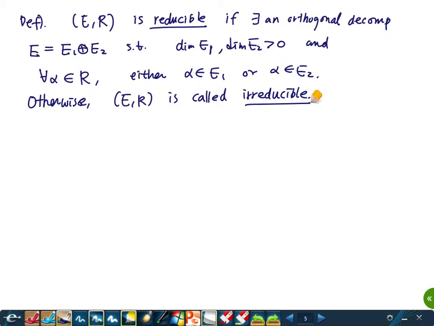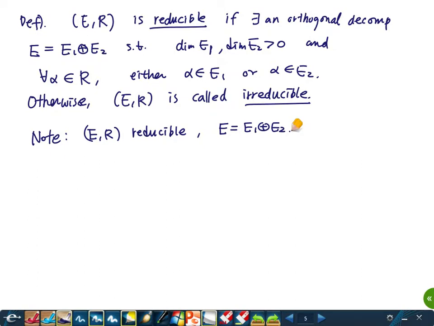So, suppose that E, R is reducible with a decomposition satisfying these conditions.